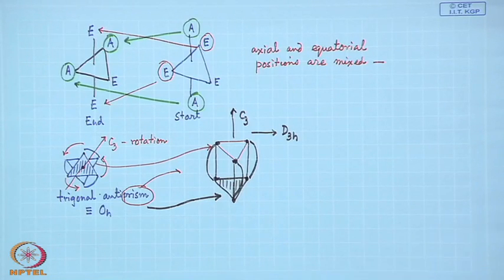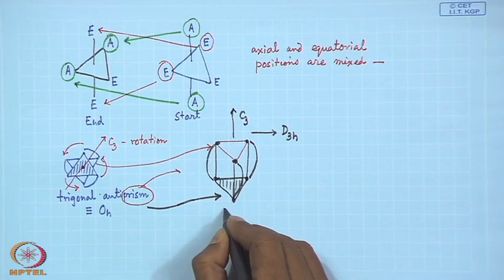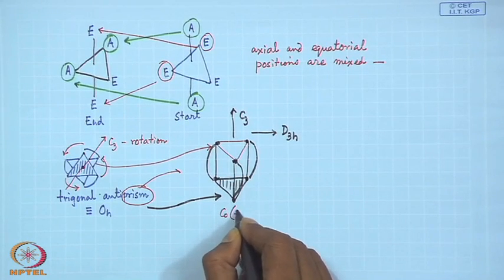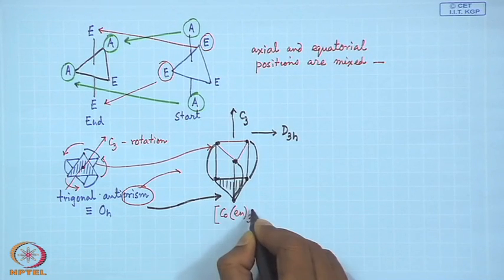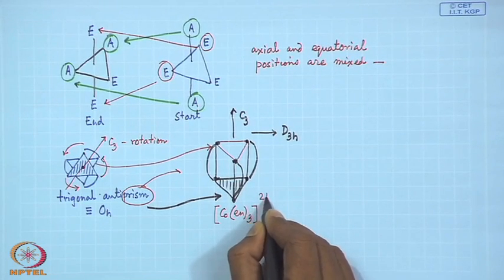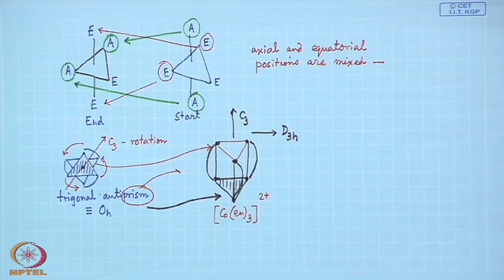This is the corresponding geometrical form for the tris chelate. It can be from any compound, like a cobalt tris ethylenediamine compound, which can remain in this particular form for this distortion.